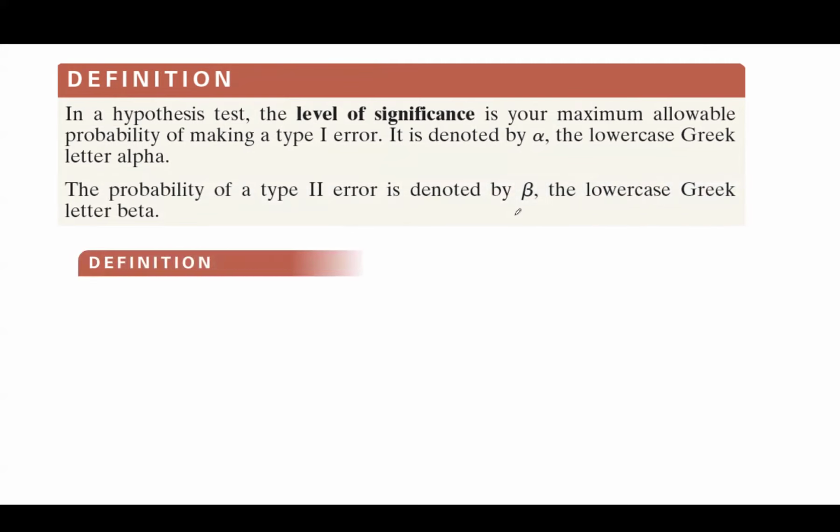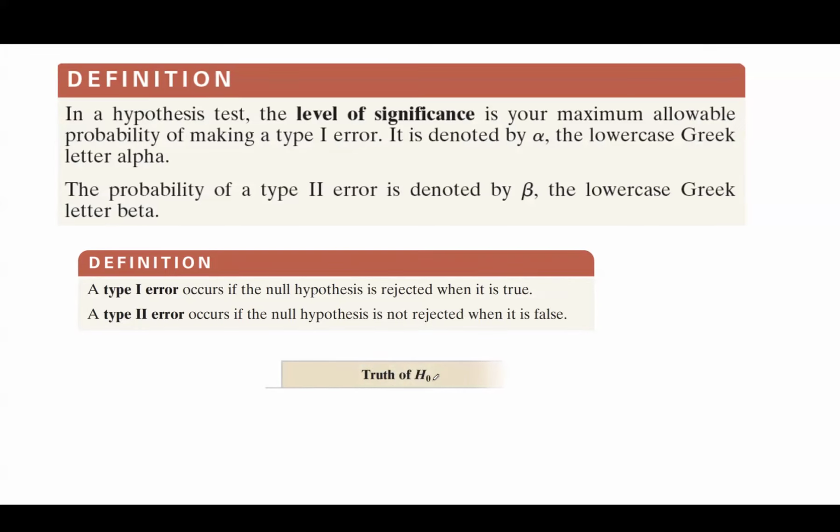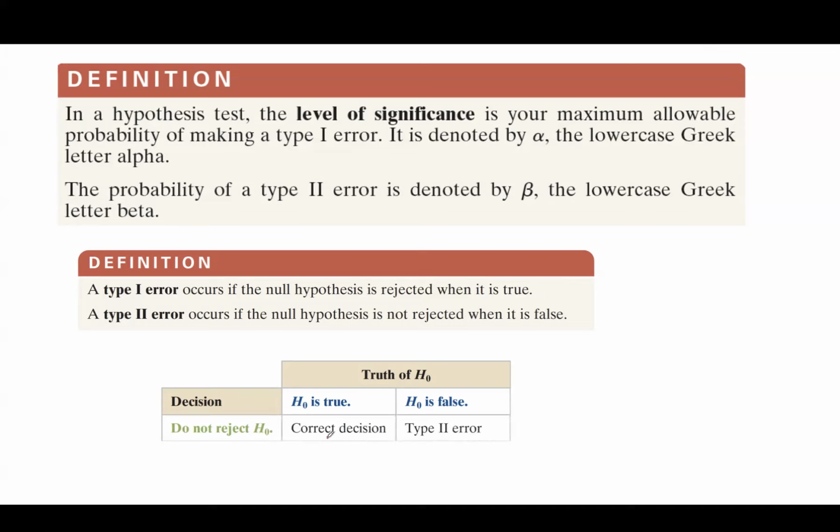Recall that for type 1 and type 2 error, a type 1 error happens if the null hypothesis is rejected when it is true. A type 2 error happens if the null hypothesis is not rejected when it is false. We can summarize them this way. The truth of the null hypothesis can be true or false, and then we make decisions about the null hypothesis. If the null hypothesis is true and you do not reject it, it's a correct decision.